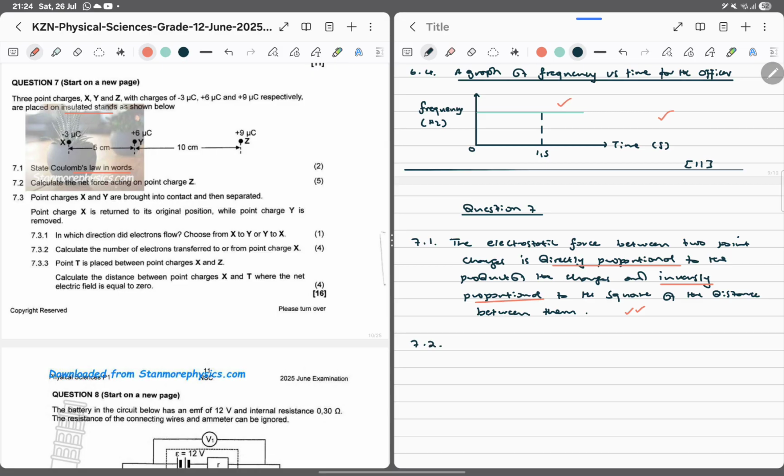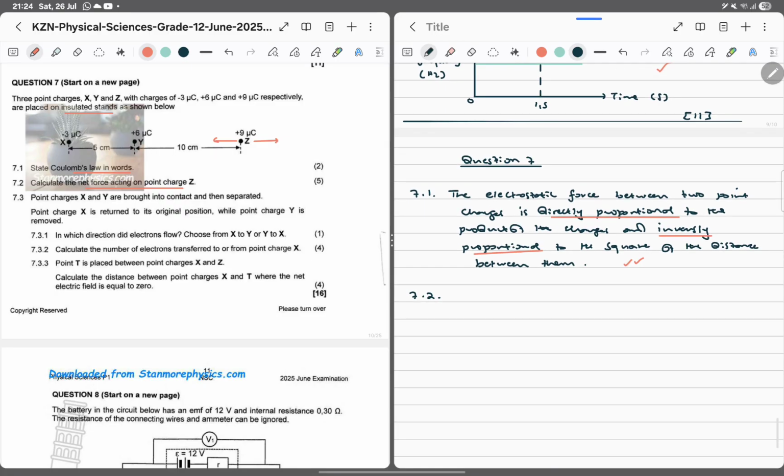Okay, 7.2, we need to calculate the net force acting on point charge Z. This one is being repelled by the 6 microcoulomb and it's being attracted by the -3 microcoulomb. So yeah, this is indeed interesting.